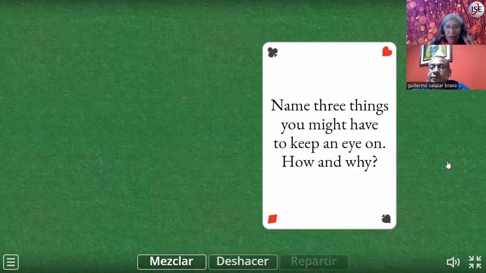And I have to keep an eye on having my medication, the 3 medications I take daily, because if I stop taking one of them, I might feel really bad.